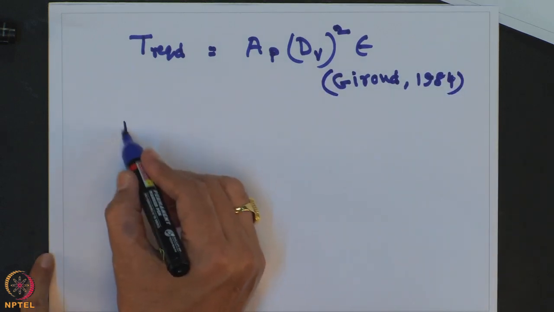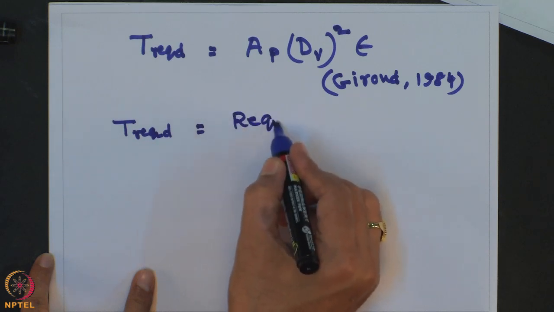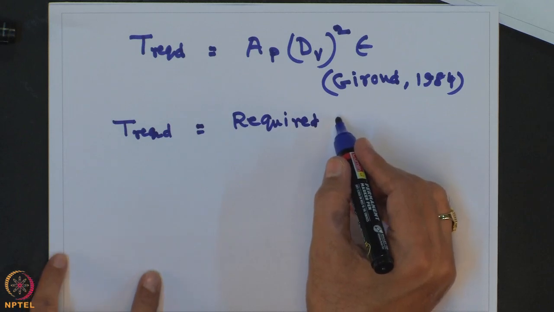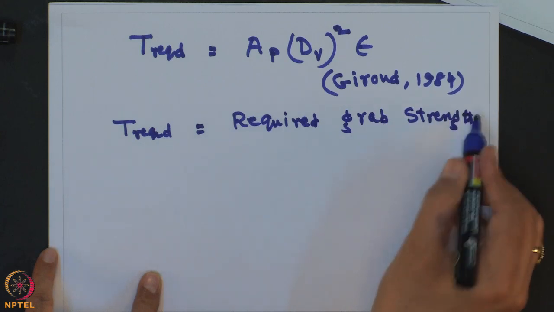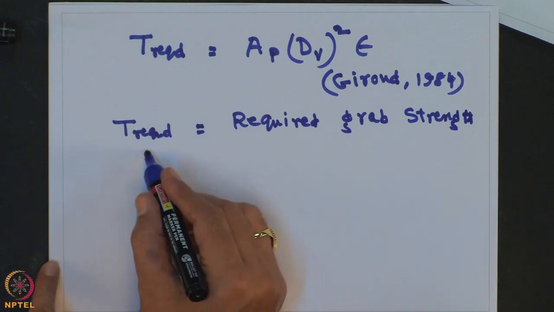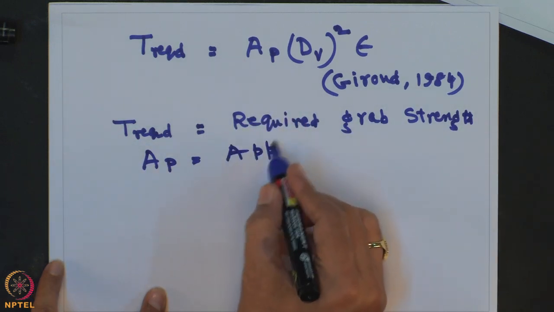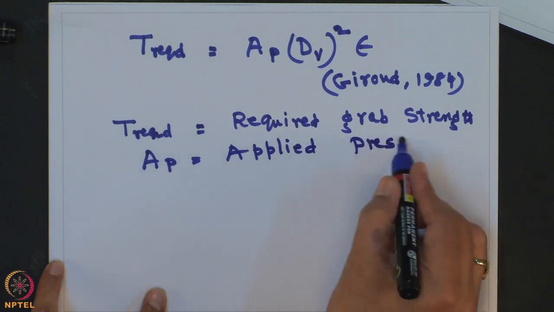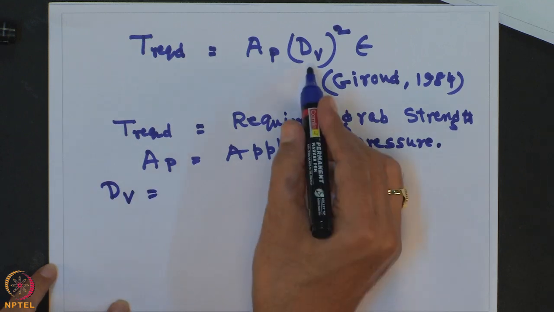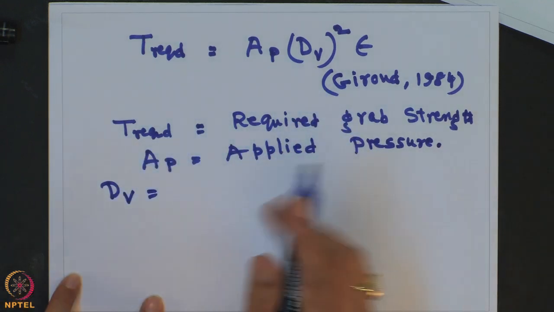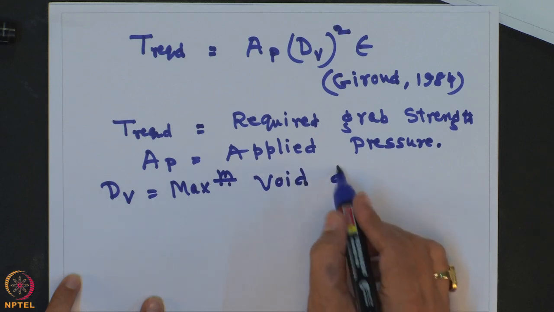Where T required is equal to required grab strength, and AP is the applied pressure, and dV is the maximum void diameter.